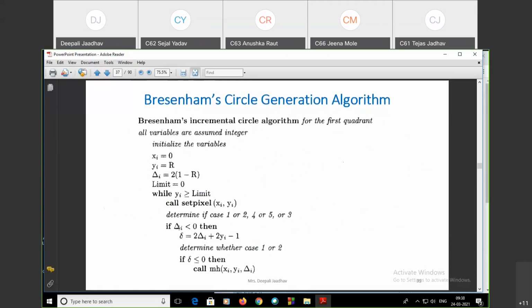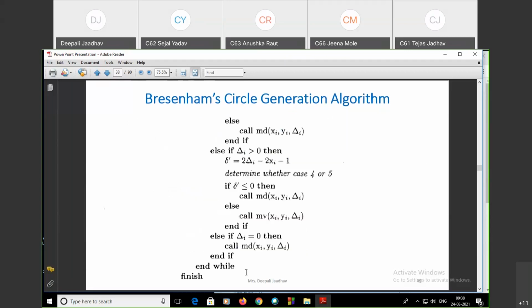Again I am explaining: if delta is less than 0, then either choose MH or MD. How to choose MH? If the small delta I that we calculated here is less than 0, then call MH. Otherwise, if it is greater than 0, then call MD, meaning the diagonal.